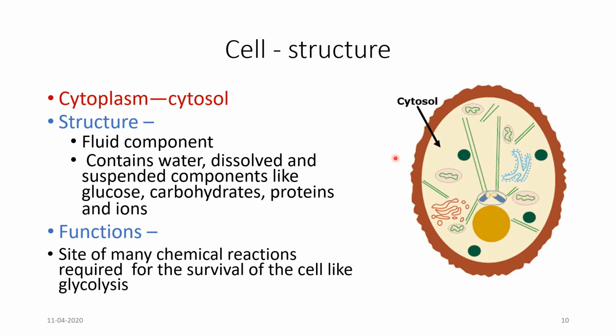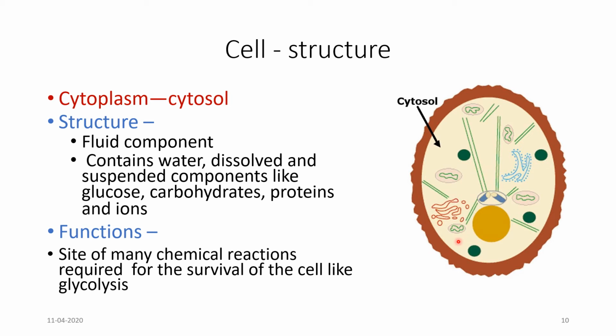The cytosol is the fluid component of it, and it contains water and dissolved and suspended components like glucose, carbohydrates, proteins and ions. The function of the cytosol is that it is the site of many chemical reactions that are required for the survival of the cell.